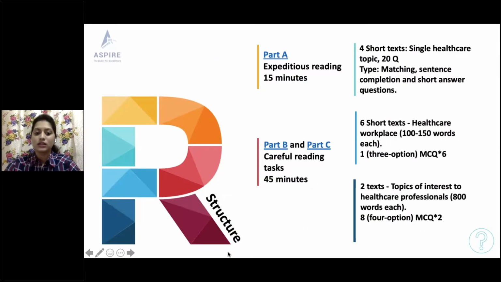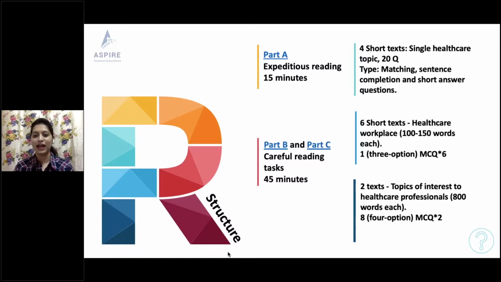All right. So let's look at the structure of the reading module. Part A consists of expeditious reading, which is for 15 minutes. In other words, this is the kind of text that you will have to speed read, so that you can finish fast.